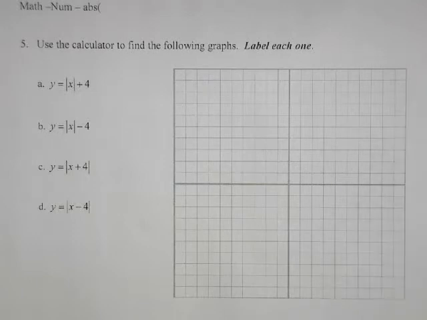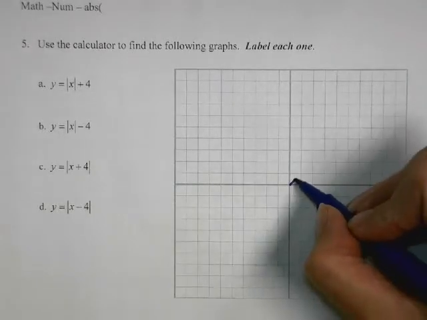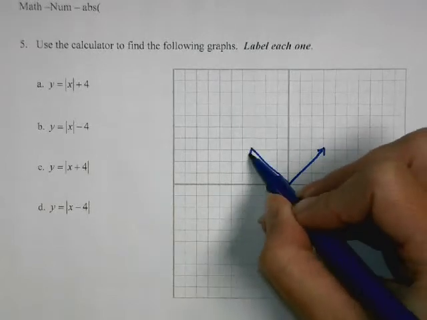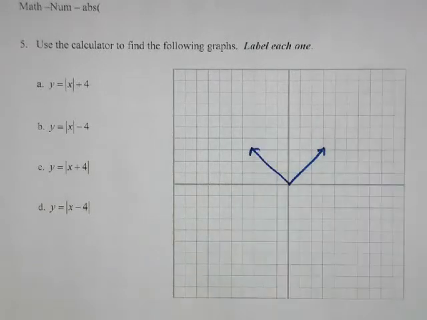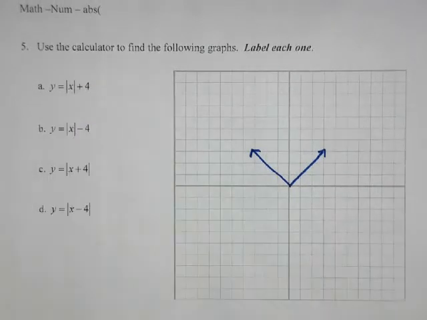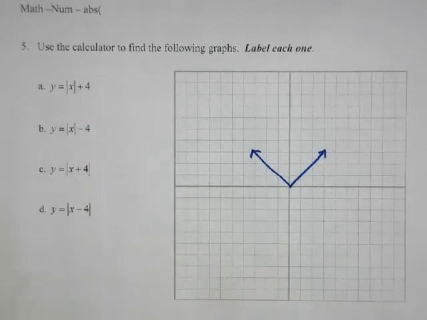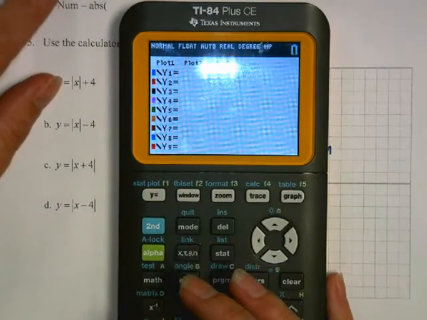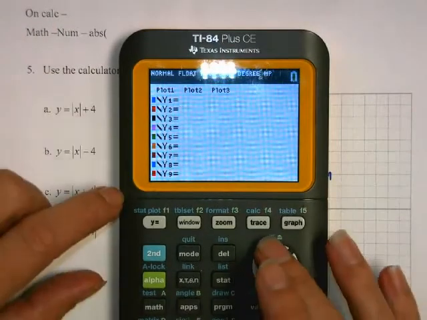Next, we're going to look at absolute value. So absolute value would be right here. It's just a V. And we're going to look at the effect of adding and subtracting on the outside and adding and subtracting on the inside. So I can find absolute value in that same menu that we looked at before.